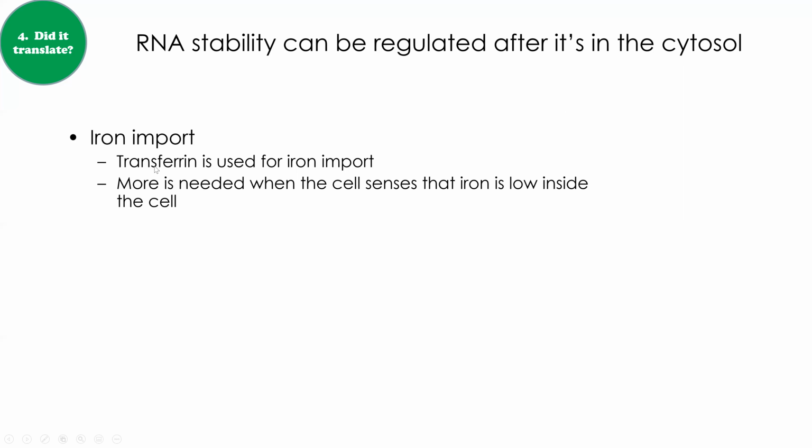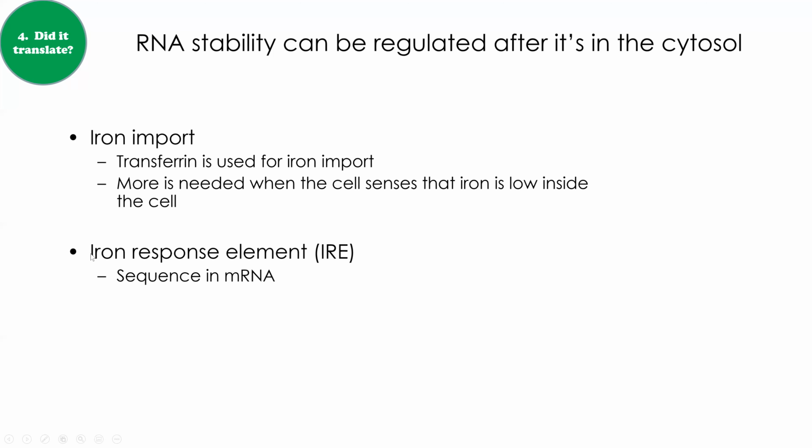If the iron is high, we don't need as much, we'll kind of shut down some of the transferrin. Okay, so that's the end goal that we're working towards. So we're going to be regulating this through a mediation of some other components. So let's go ahead and introduce those, and then we'll see some pictures of this on the next slide.